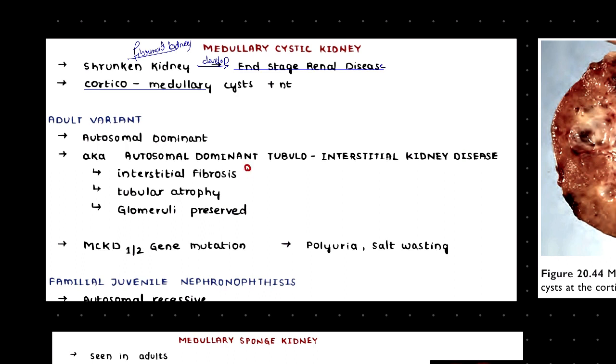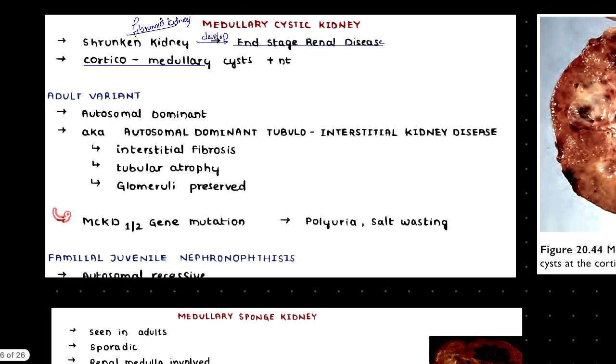Since there will be destruction in the interstitium and atrophy of the tubular region, our glomeruli will be totally preserved. There will not be any defect in our glomeruli. This happens due to MCKD12 gene mutation. This results in polyuria and salt wasting.